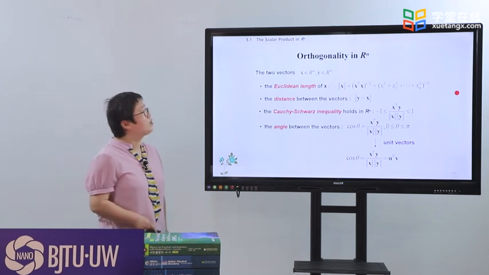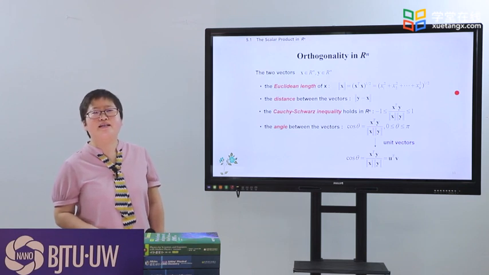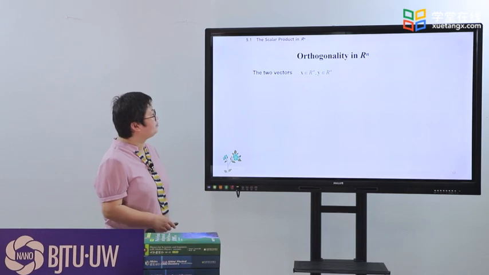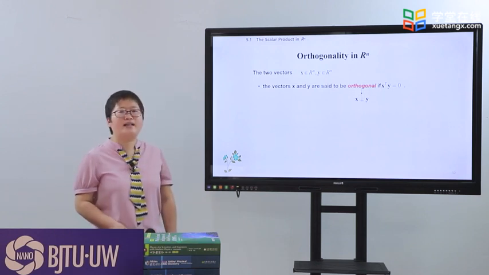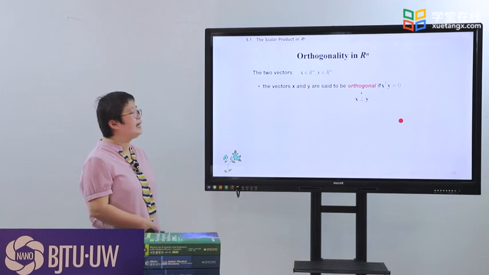So the orthogonality in Rn just follows the same way as in R2 and R3. Okay. Given two vectors x and y in Rn, the vectors x and y are said to be orthogonal if x transpose y equals 0, if the scalar product equals 0, and you can also write that x is orthogonal to y. They are orthogonal.